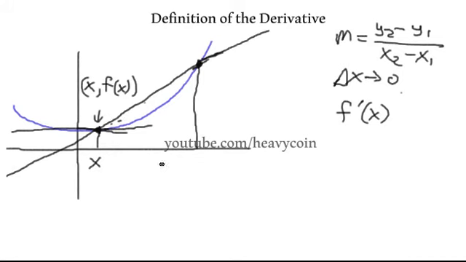Now we're going to go over some distance, and the distance we're going to go over is delta x. So this point is x plus delta x. In other words, we start at x and we go over, let's say, 10 units, so this would be x plus 10, whatever x is right here.